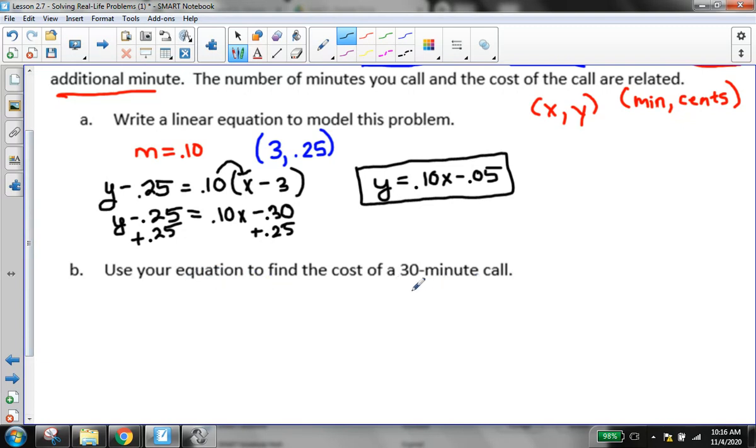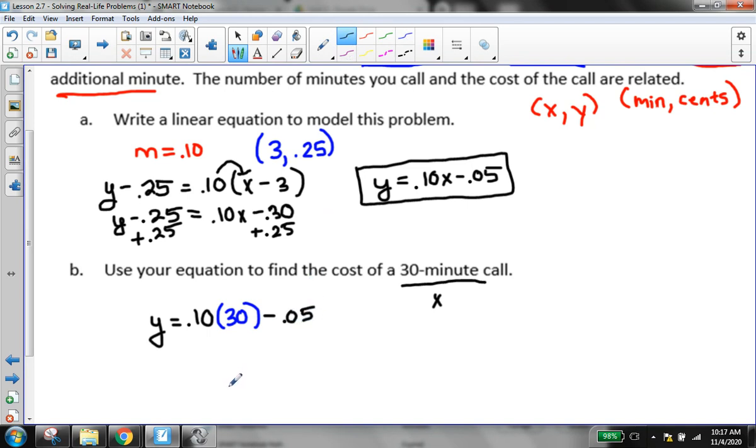All right, now that I have that under control, I'm going to use that to help me figure out the cost of a 30-minute call. Since minutes I've identified as our x, I'm going to plug in 30 for x. So I'm going to write down y equals 0.10, except this time, instead of an x, I'm going to put in a 30, minus 0.05.